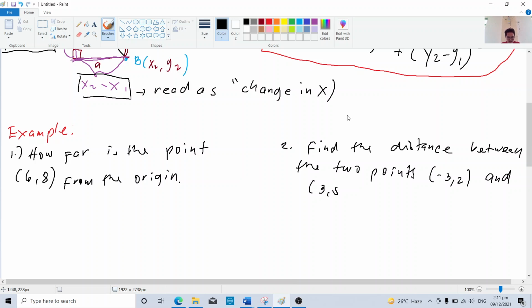If we plot the points, or if we plot the point (6, 8), nagagalaw eh.